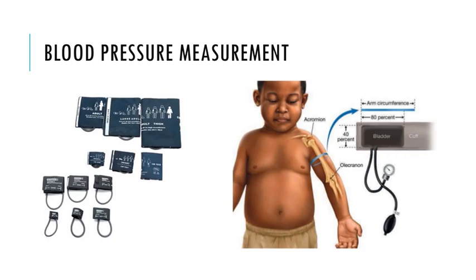So if we look at the picture of this little boy, the bladder of the cuff needs to go around 80% of the arm circumference, and then the breadth or width of the cuff needs to cover more than 40% of the distance from the acromion to the olecranon.